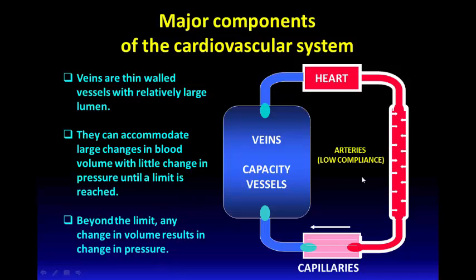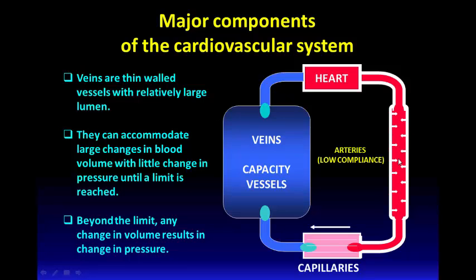If we compare arteries and veins of corresponding size, we would find that the arteries have thicker walls than the veins, and the lumen of the veins is relatively large.